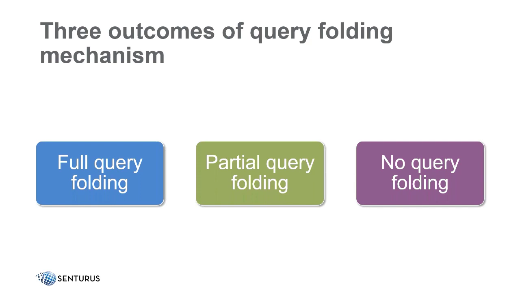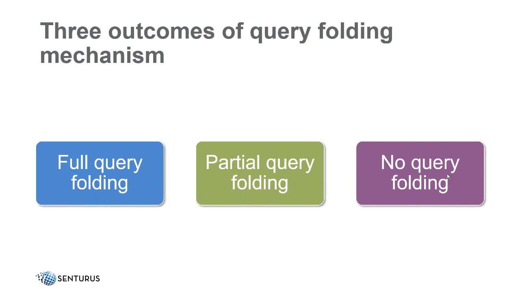Then we have a no query folding situation. If we've got a situation where nothing is folded, here's where we want to start thinking, maybe I should push this all back. Maybe I should be doing some of this in my ETL. Maybe I should be doing some of this somewhere else.